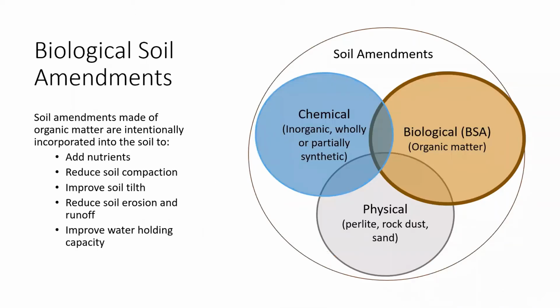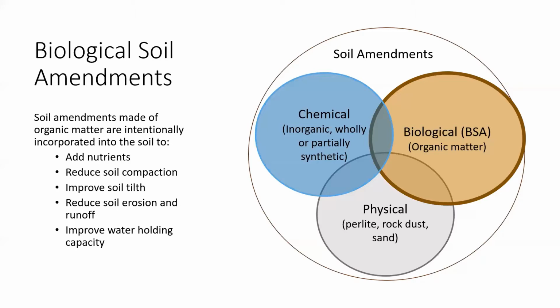We can identify soil amendments in chemical, biological, or physical components. And although the produce safety rule puts some scrutiny and consideration on biological soil amendments, we know these are really crucial to soil health.